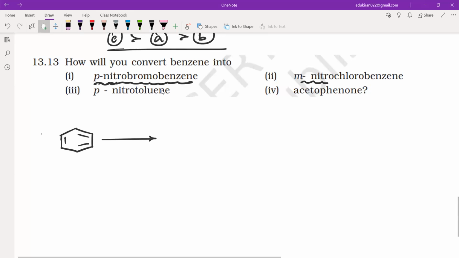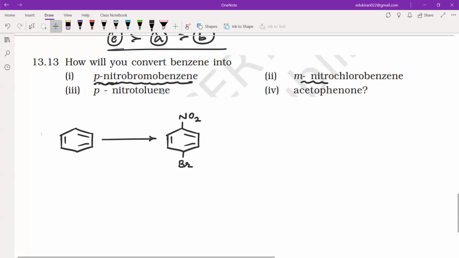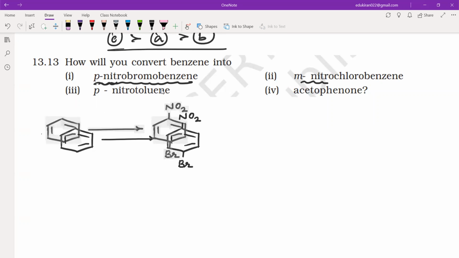So from benzene, I have to make... Tell me. Is anything coming to mind? Nothing is coming to mind?